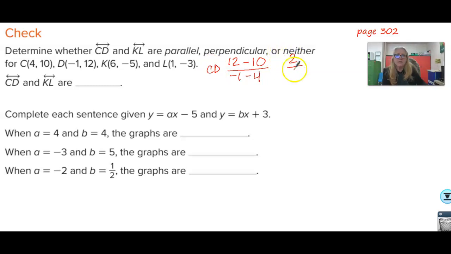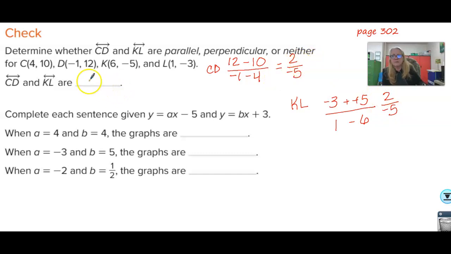And -1 minus 4 is -5. Now I need the slope of KL. And that would be -3 minus -5 over 1 minus 6. This would be +2 over -5. These have the exact same slope, so they are parallel.